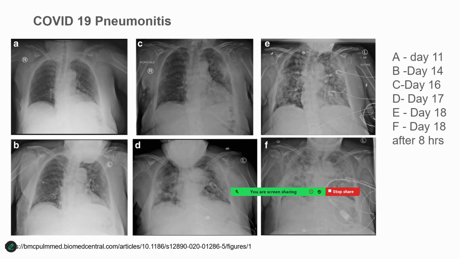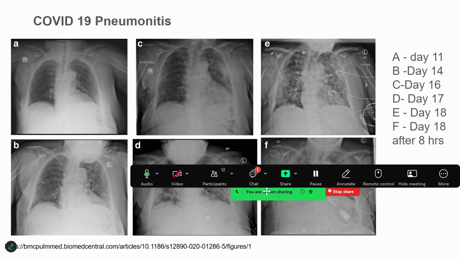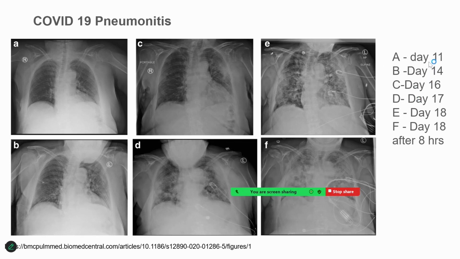The course of pneumonia in COVID-19 becomes very rapid, and once the pneumonitis starts, this is a sequence of a patient: started on the 11th day, X-ray taken on the 11th day is almost normal. And by the 14th day, an area of consolidation is seen. Within 3 to 4 days, both the lungs are involved, and the patient has a fatal issue.